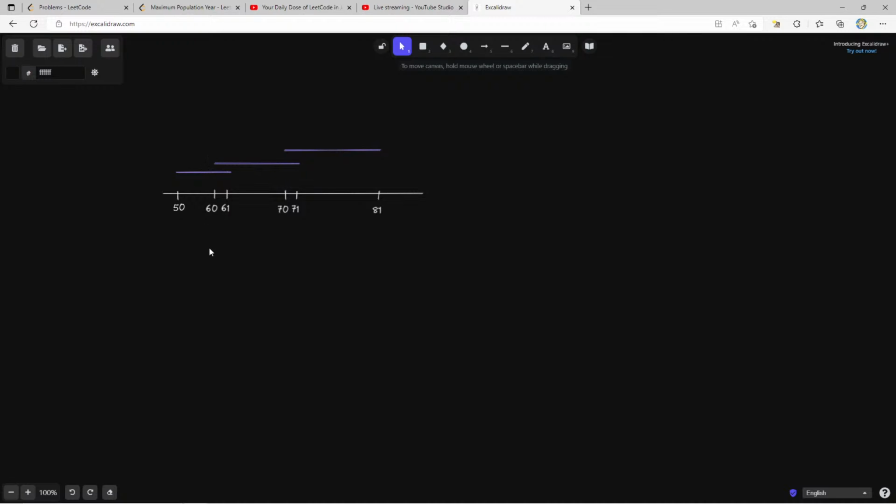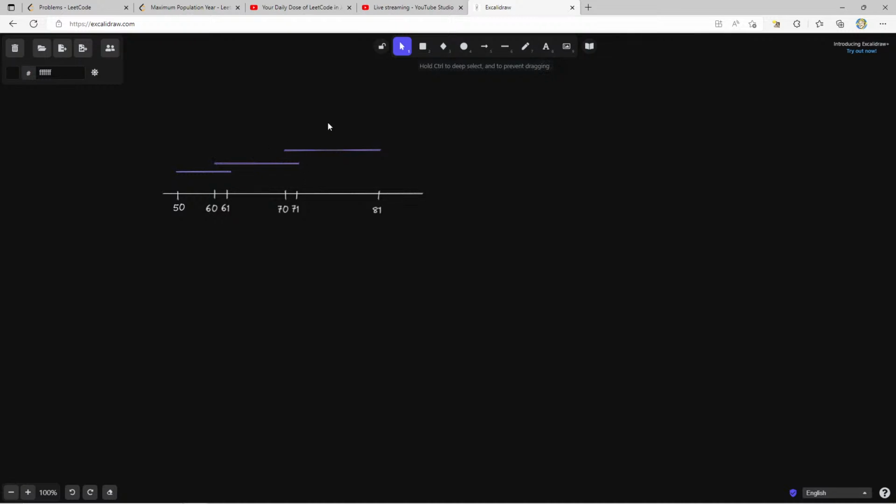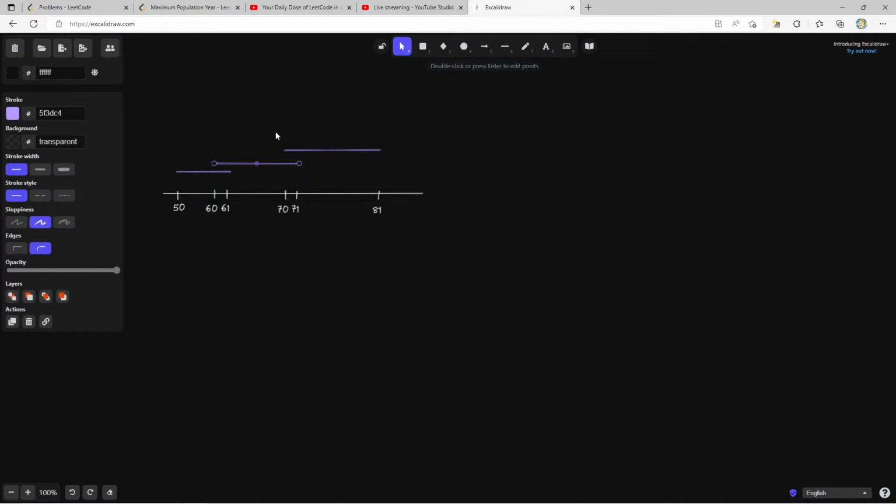Then we have the 1960 to 1971 bucket, which has this one and this one. And then we have the 1970 to 1981 bucket, which has this one and this one. Wait, so is that 3? Well, no, because by the time this person's alive, this person's already dead. Because this one's not the same as this one.